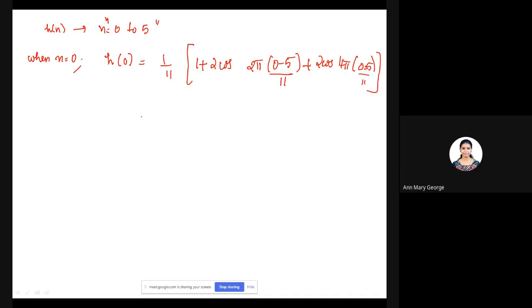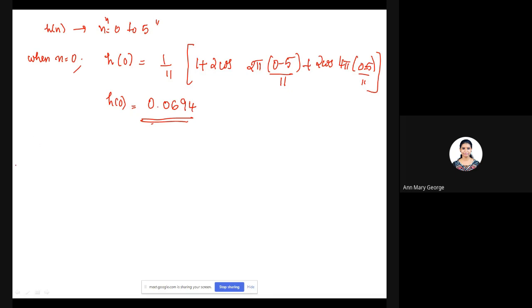What will we get for h of 0? We will get h of 0 as 0.0694. Use the calculator in radians mode and calculate h of 0.